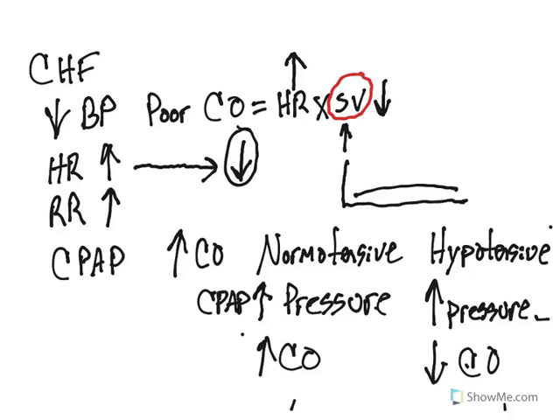I mean, as I increase the pressure, I'm going to take that Starling curve and drive it downward and backward. And that means less cardiac output. That's lower cardiac output, okay? So, we said in CHF, we like CPAP.